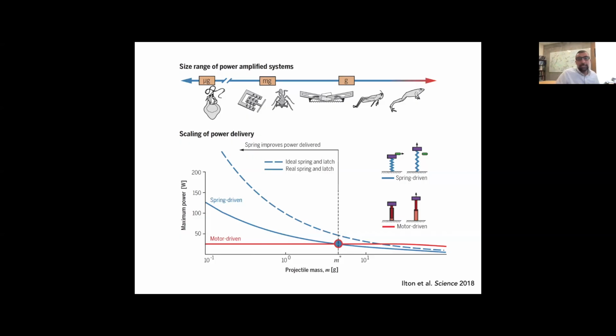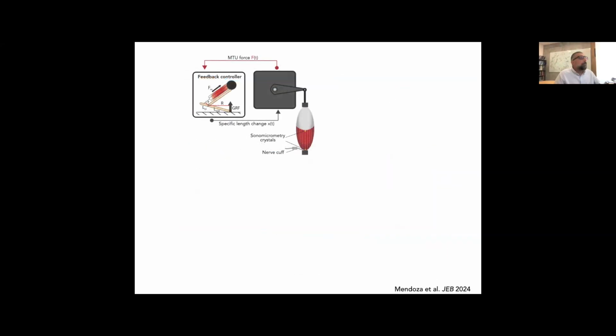The way we tested this prediction was through what we call virtual reality muscle experiments. In these experiments, what we effectively have is an isolated muscle tendon unit where we're independently measuring the length changes of the muscle fascicles. In turn, that gives us the length changes of the tendon.